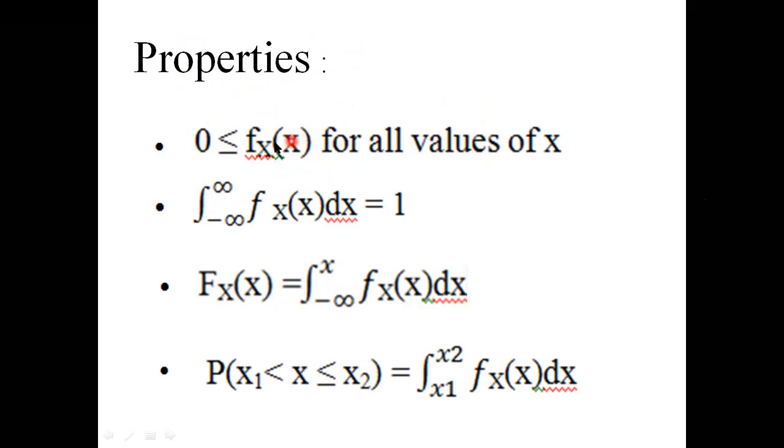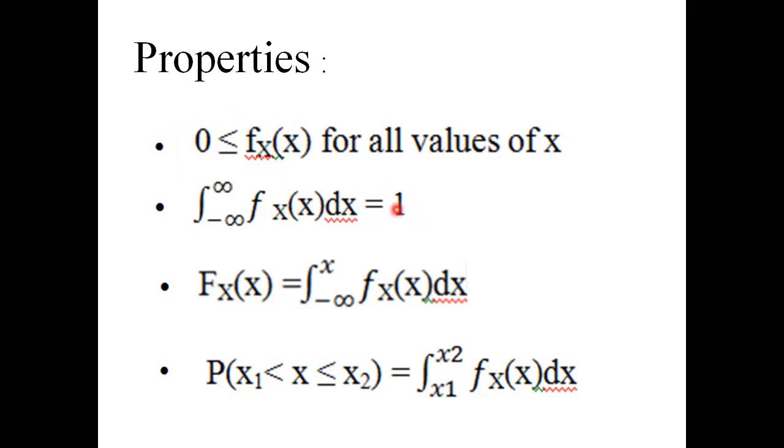The density function is always a positive value, greater than or equal to 0. Next, the second property: integration from minus infinity to infinity of small fx of x dx is equal to 1.